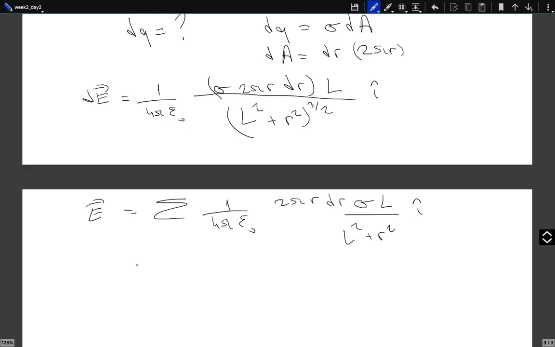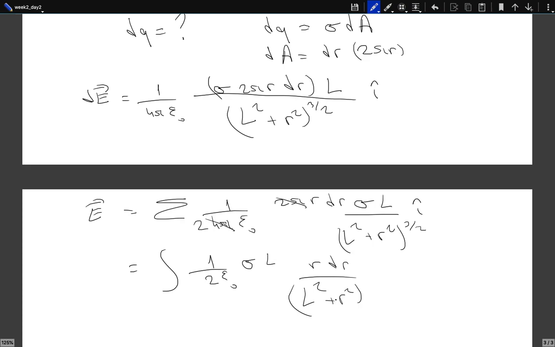So that becomes an integral. Let me make some simplifications. This just becomes 2. 1 over 2 epsilon 0, I have sigma times L, and the integral of R times dr over L squared plus R squared to the power 3/2 in the I direction.